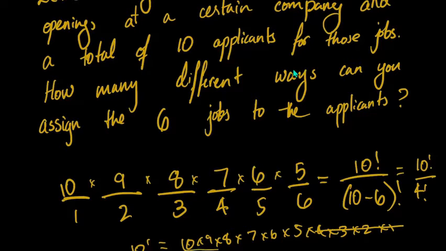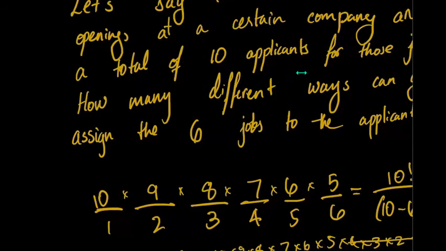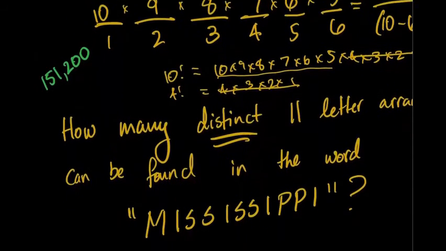And now we're just left with 10 through 5, which is exactly what we got here. All right, so when we do this, we get 151,200 total different ways that you can assign those 6 jobs to the applicants.